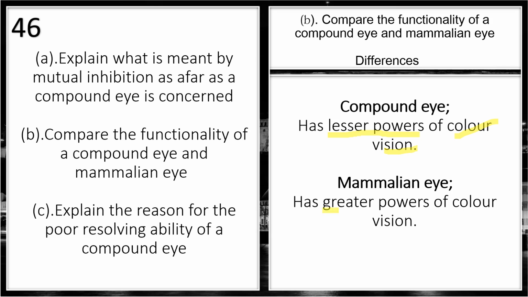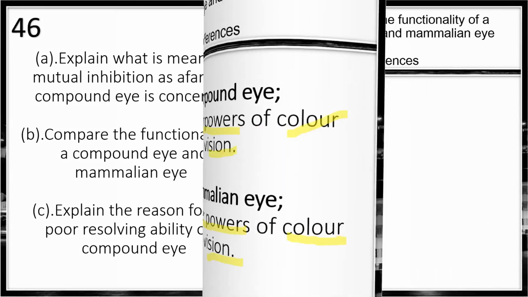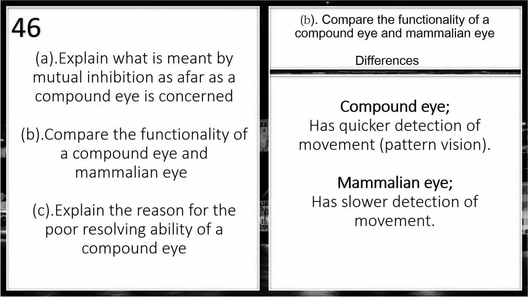Mammalian eye has greater powers of color vision. Compound eye has quicker detection of movement, pattern vision. Mammalian eye has slower detection of movement.